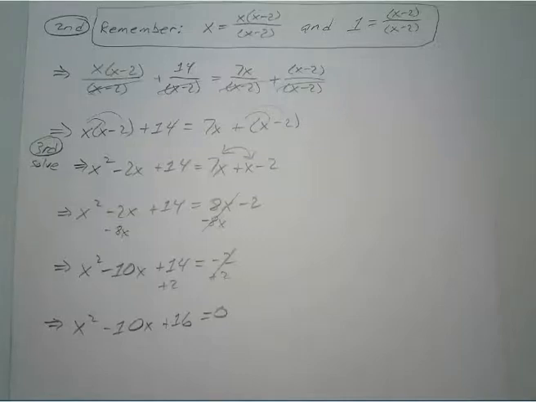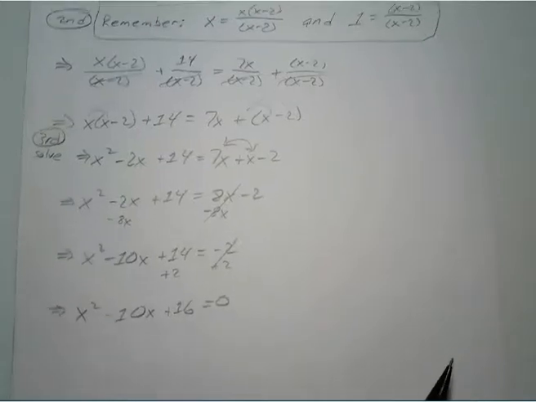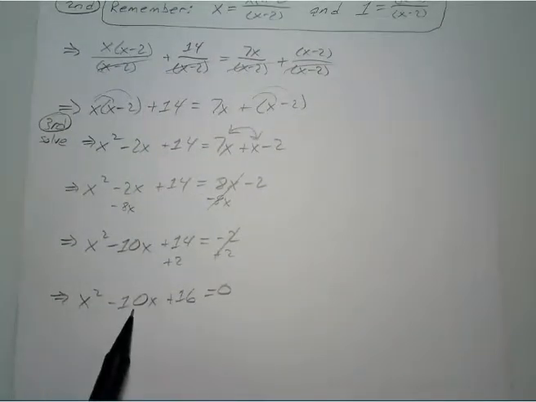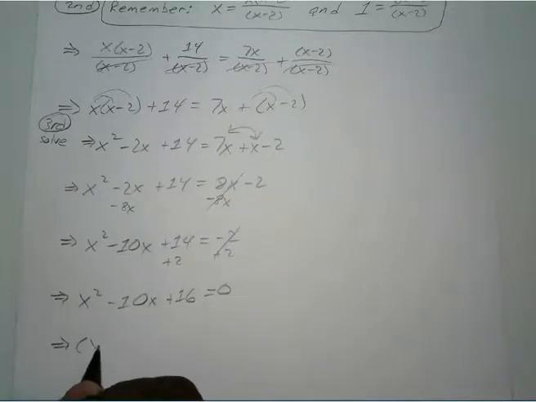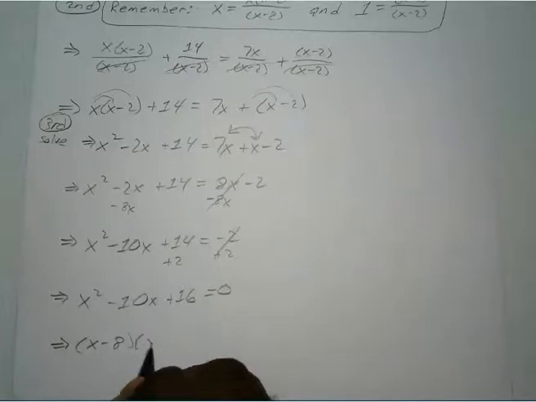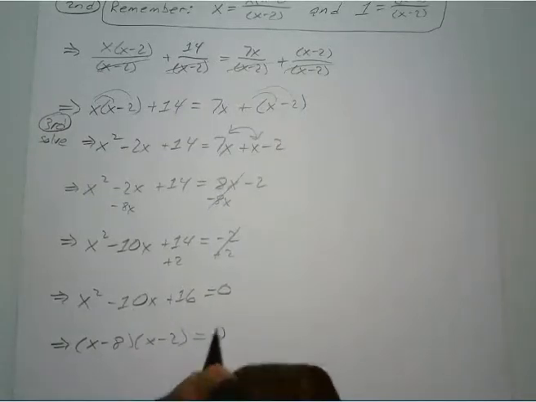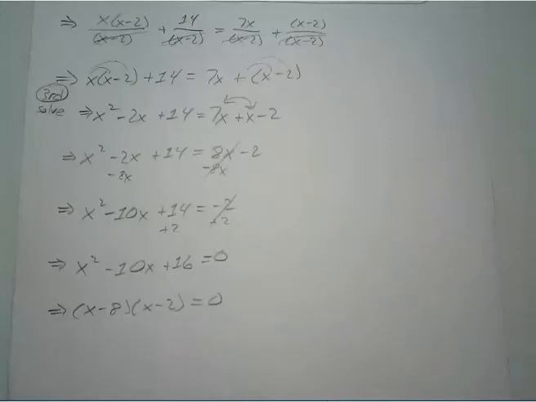Now because of that x squared, we wanted to pull everything to one side, both the x terms and the non-x terms. The reason is that x squared minus 10x plus 16 can be factored into x minus 8 times x minus 2 equals 0. That means if we make either one of these 0, it will make this true.